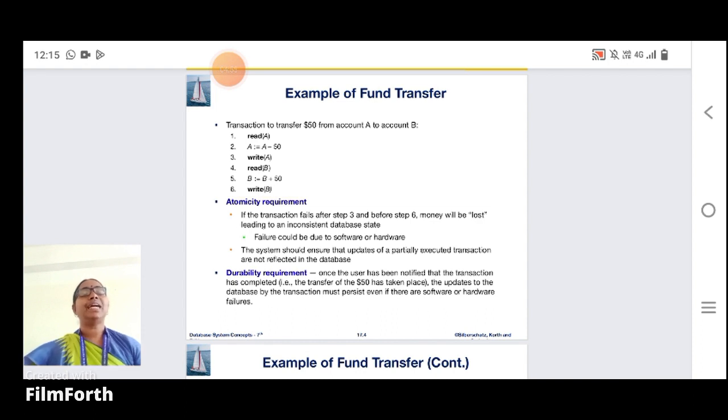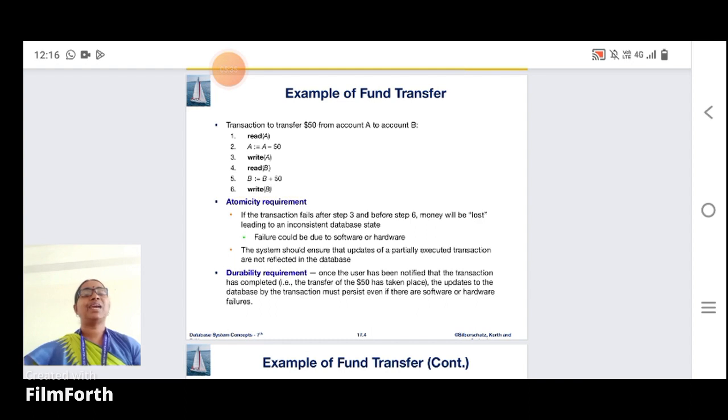So either the entire transaction should be executed and completed, or if it fails in the middle, it should return back to the initial state. It should roll back to the starting state. That is atomicity. Due to this atomicity property, sometimes even though our money is gone, after 2 hours it is returned to our account. This is implemented in our database.